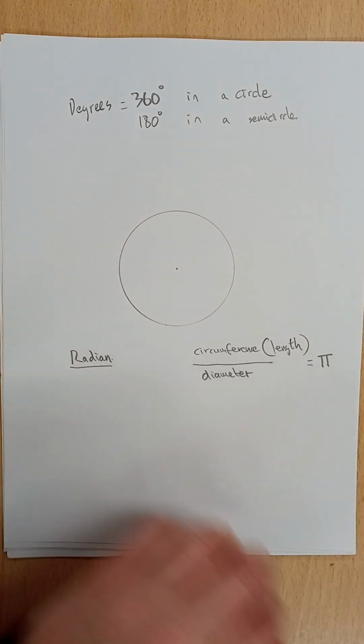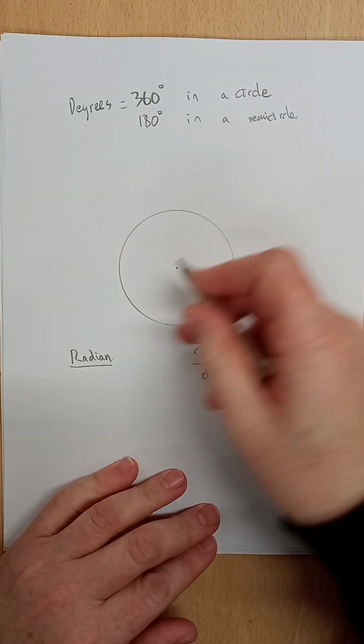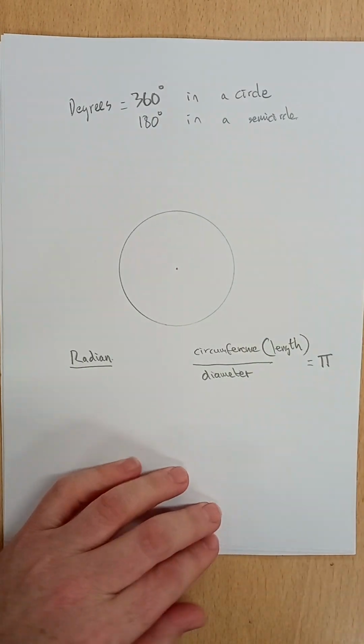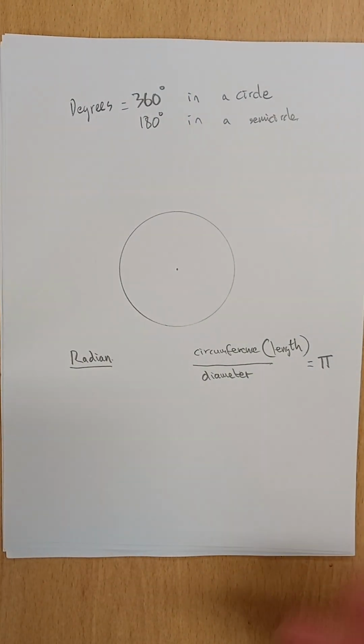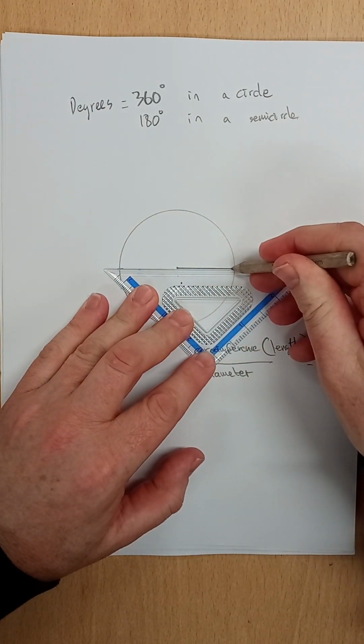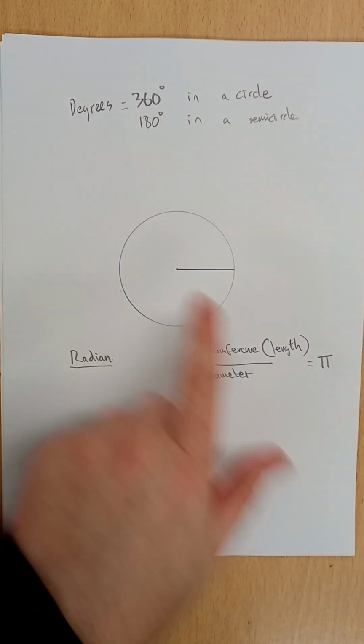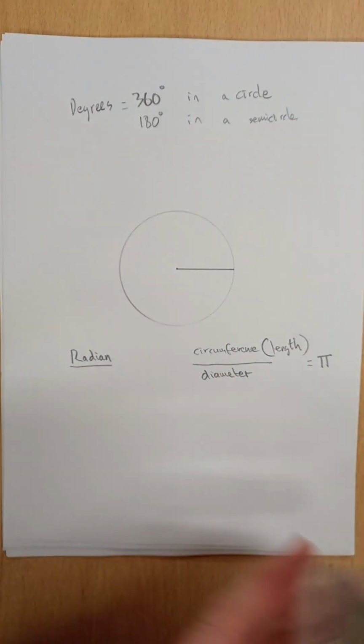Now, we know that half a diameter is a radius. So this is where I'm going to show you some unusual factors. Actually, before I draw a radius, I'm going to prove that this is true.